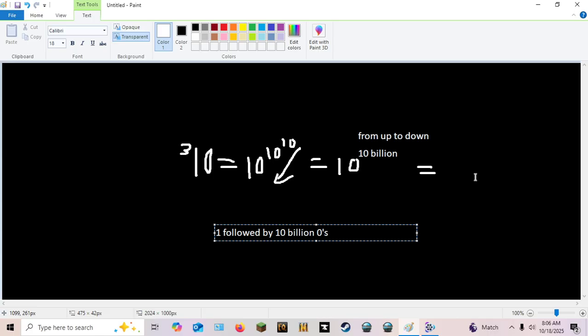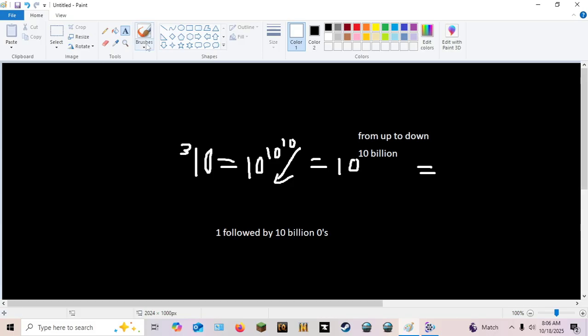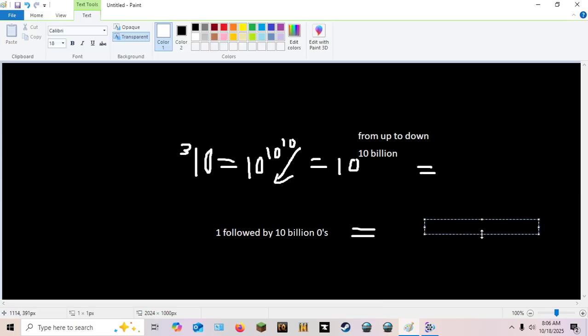I'll just make it shorter, which equals 1e plus 10 billion. One, two, three, four, five, six, seven, eight, nine, ten. So this actually equals 1e plus 10 billion.